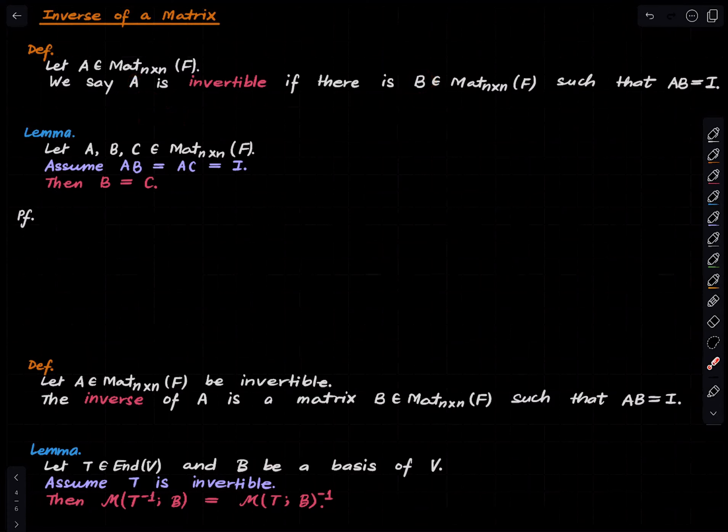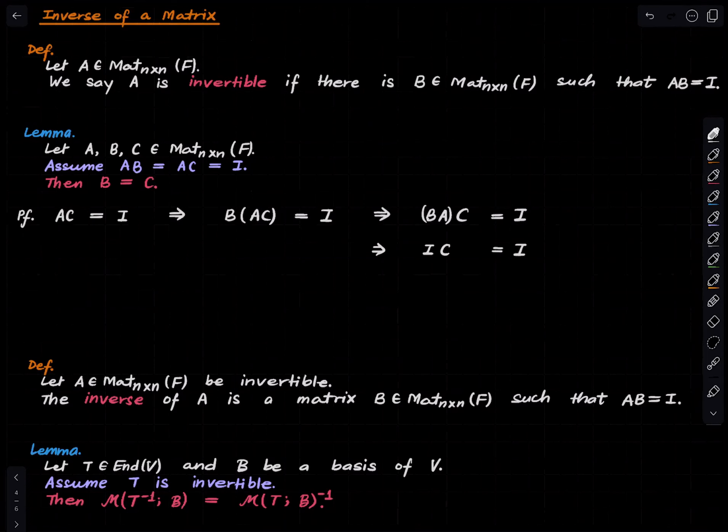So what about this lemma? Well, very simple. We have that A times C is identity, which implies B times A times C is identity, where we multiply by B on both sides. Matrix multiplication is associative, so this implies B times A, times C, is identity times C. Why?